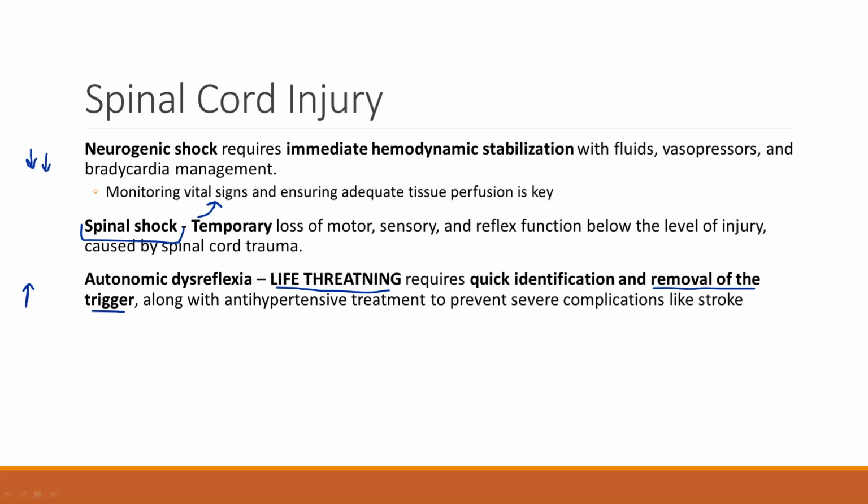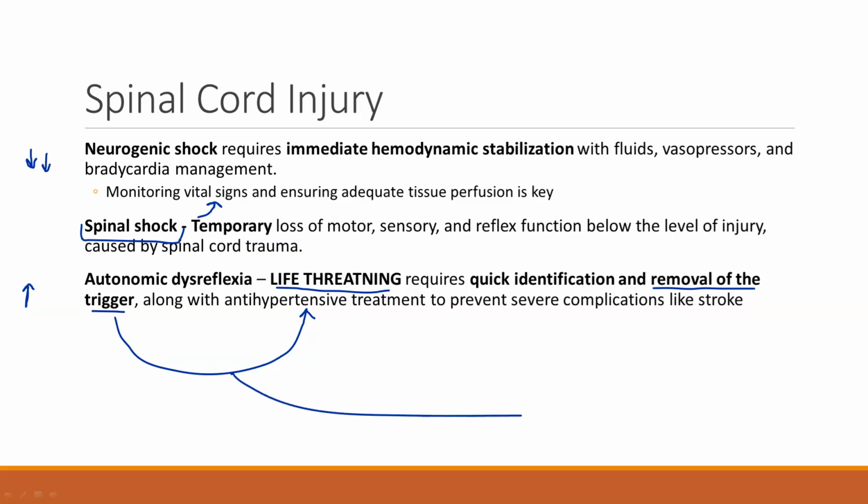That is more important than treating with antihypertensive medications. If you treat the cause of the autonomic dysreflexia, we expect the blood pressure and heart rate to go back to baseline. If you don't, and you're just giving blood pressure medications, the stimulus for the high blood pressure is still there, right?